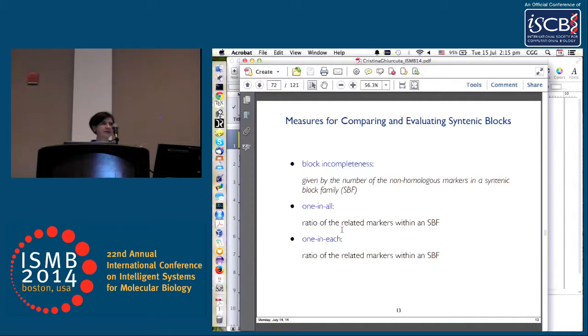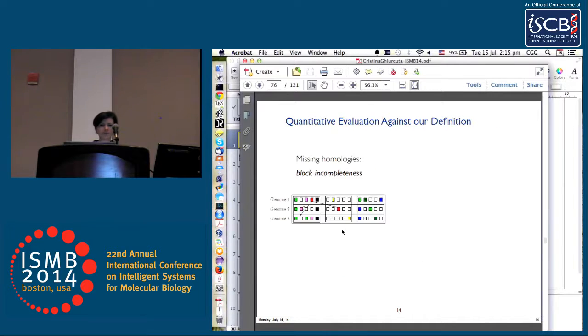As we will see, for the three measures, the results produced by the tools will exhibit different behaviors. So we will present also a fourth measure, which will actually show the commonalities shared by the three tools. So let's start with the first measure. This is the case that we are evaluating.